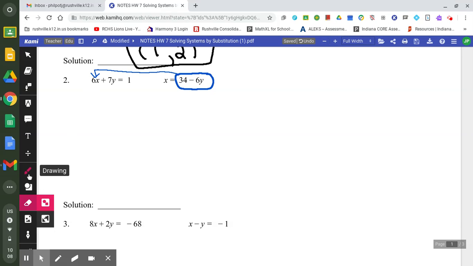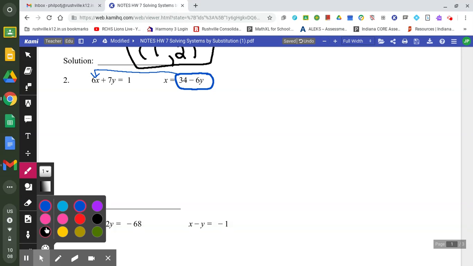So I will now have the 6, and then instead of the x, I'm going to write 34 minus 6y.